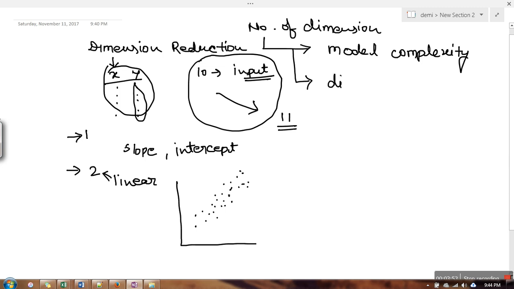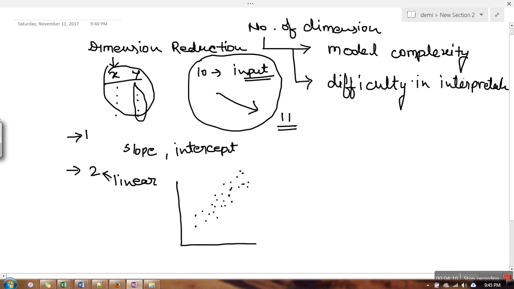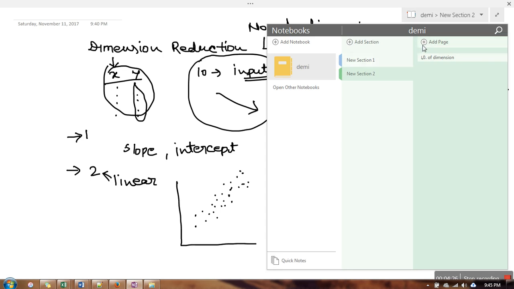So for high dimension data, these are the two problems we are having. First, as the dimension increases, model complexity will increase, and it also becomes difficult to understand the interpretation of that data.